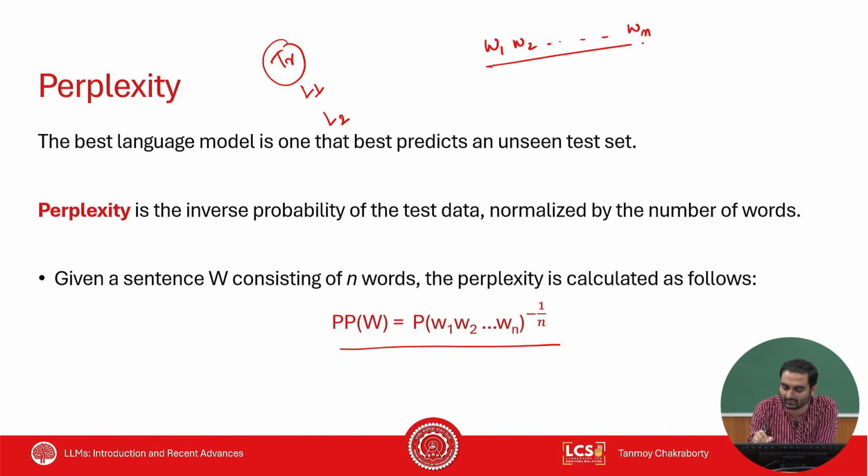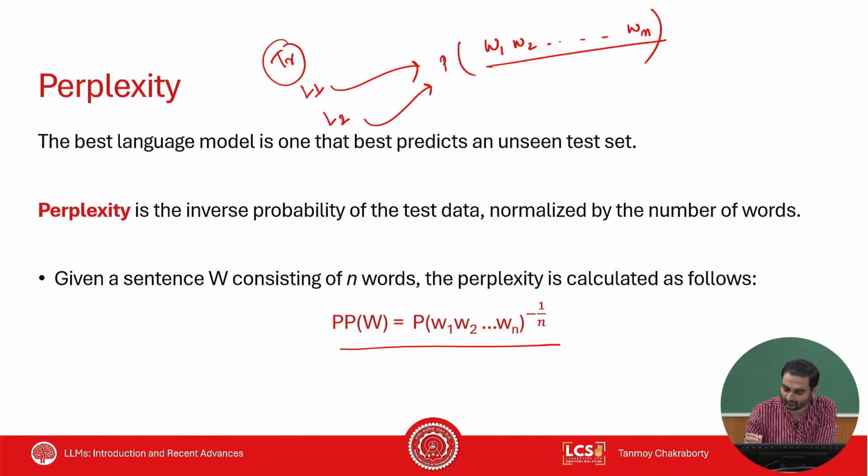Now you are given a test set which consists of these tokens, a sequence of sentences, complete and incomplete sentences. What I do is measure the probability of this sequence of sentences based on L1 separately and based on L2 separately. Now, based on the probability, I will define this metric called perplexity.